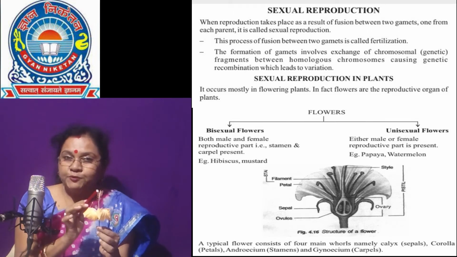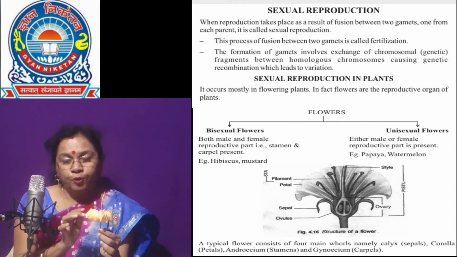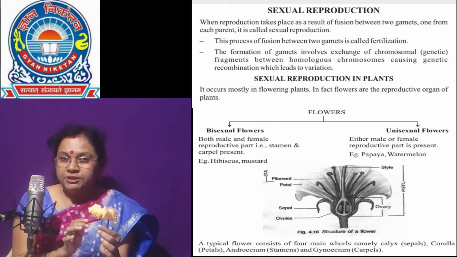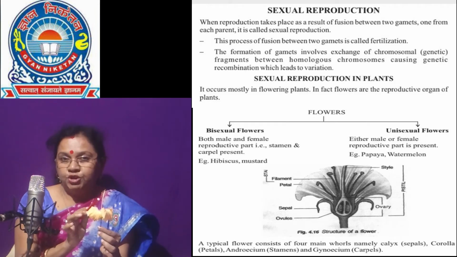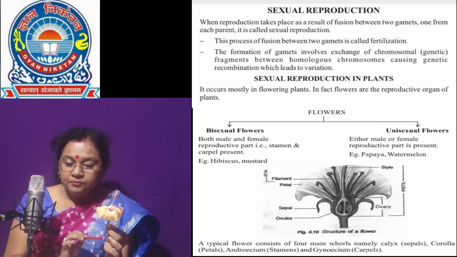The style helps to bring down the pollen nuclei towards the ovule for fertilization. So, the carpel or pistil is the female reproductive part, and the androecium or stamens are the male reproductive parts.